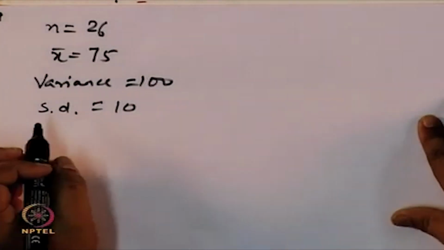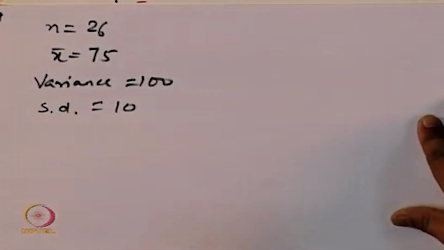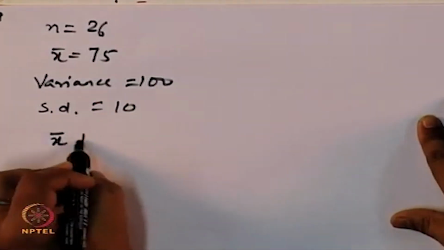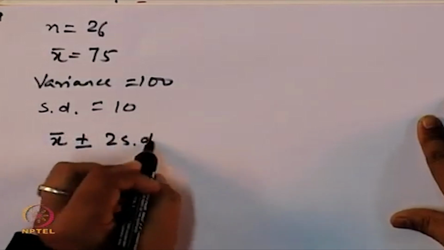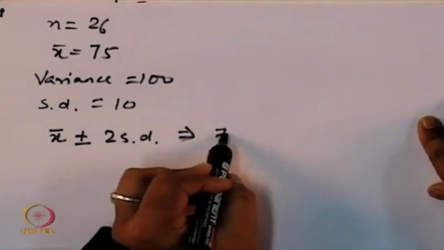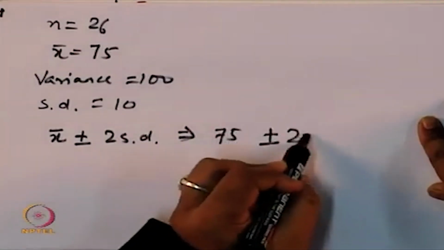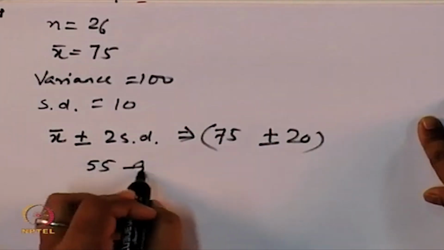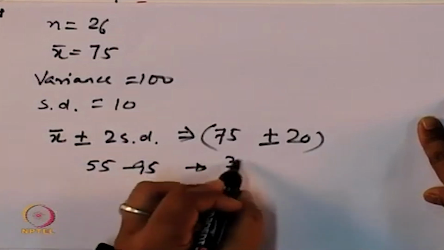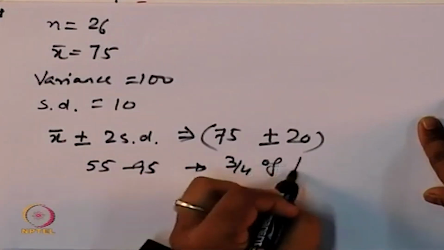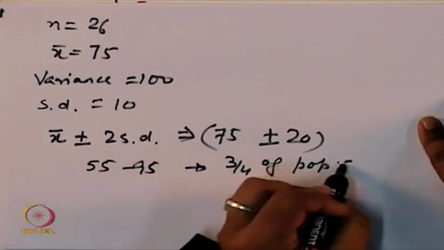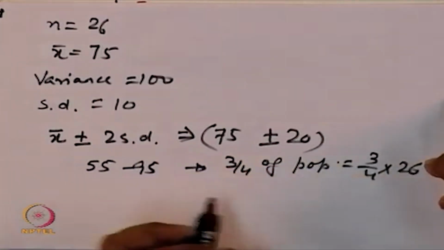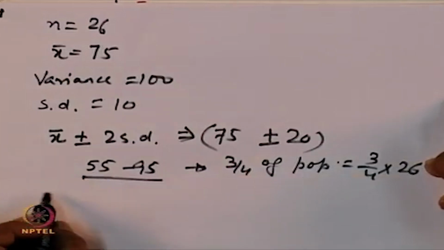So, if n is equal to 26, then between x bar plus minus 2 times standard deviation, which would mean 75 plus minus 20, so between the values 55 to 95, you will have 3/4 of the population. That is, 3/4 into 26 observations will actually be within this range.